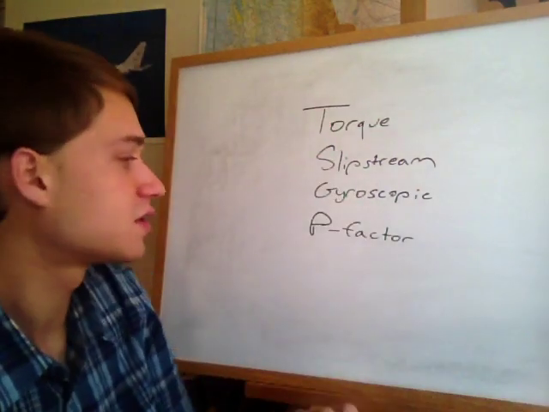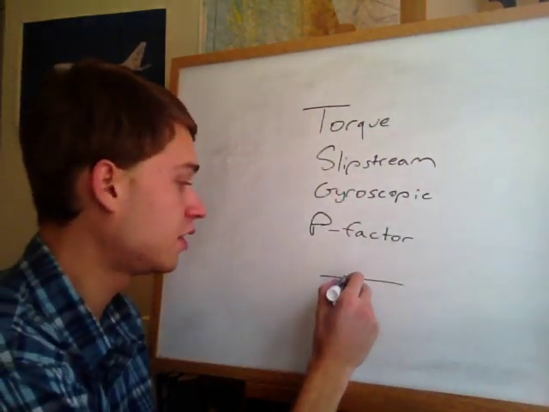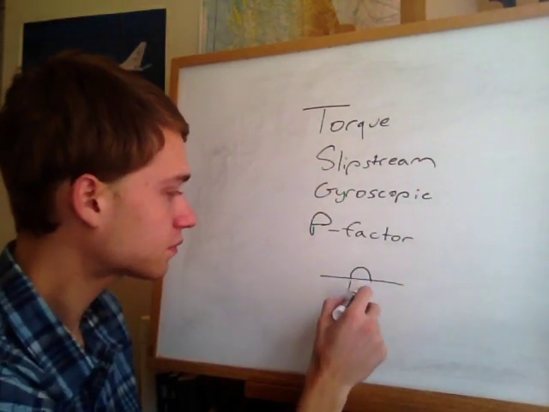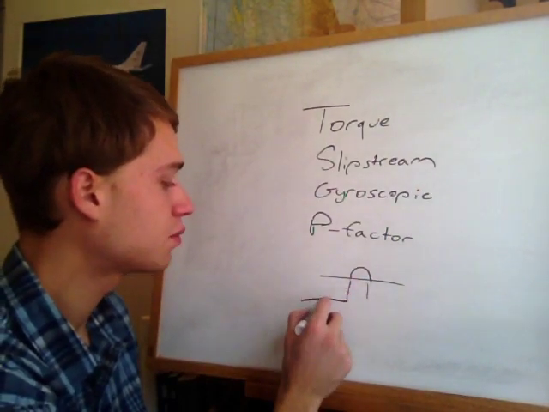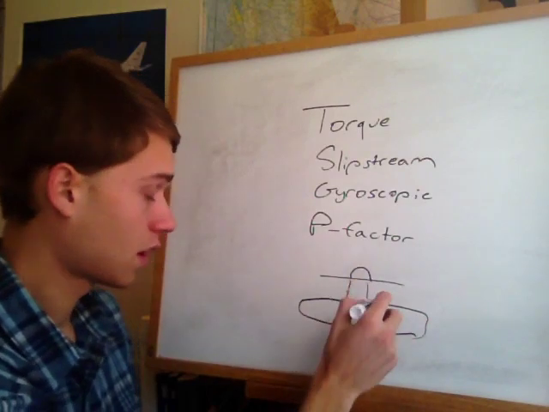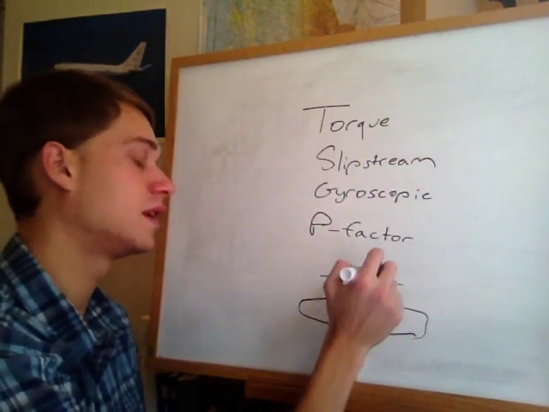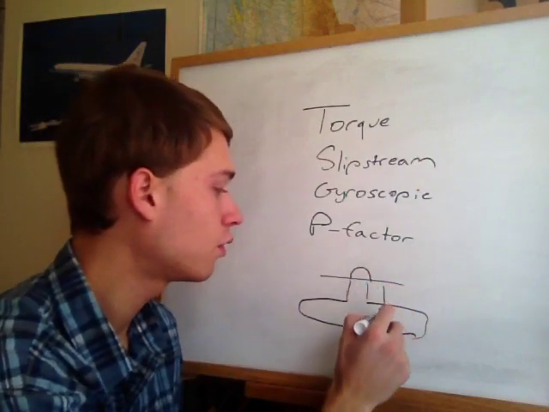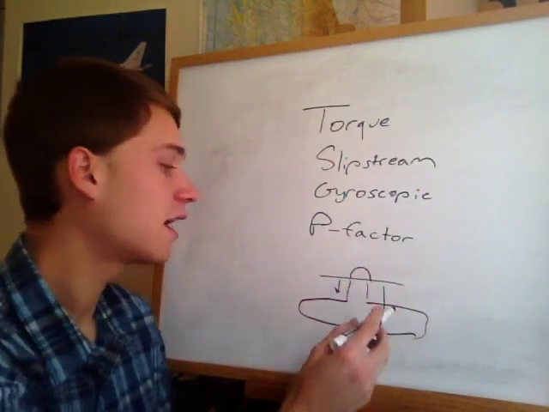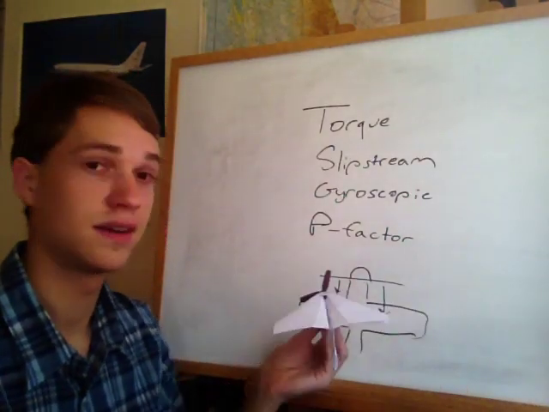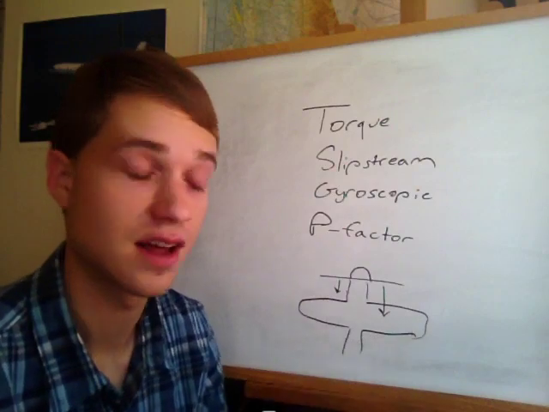And what that translates into is the left turning tendency. So looking at the airplane from the top again, this is our airplane. Okay, so the descending propeller on the right side is producing more force than the one on the left side, and so once again you have this force that's turning the airplane to the side, the left turning tendency.